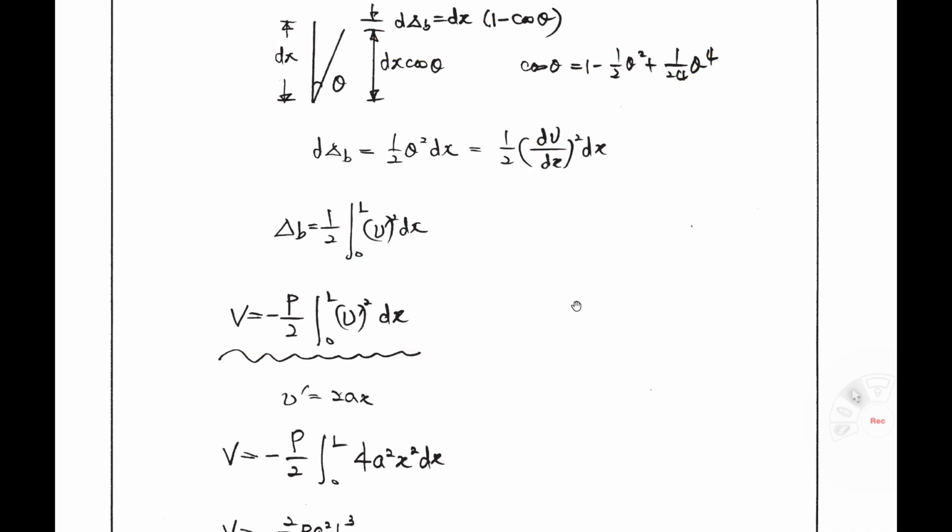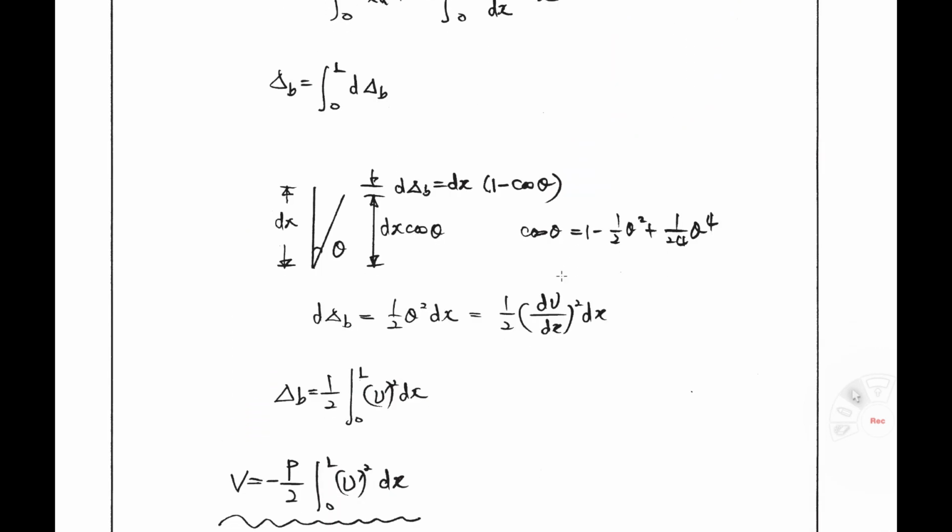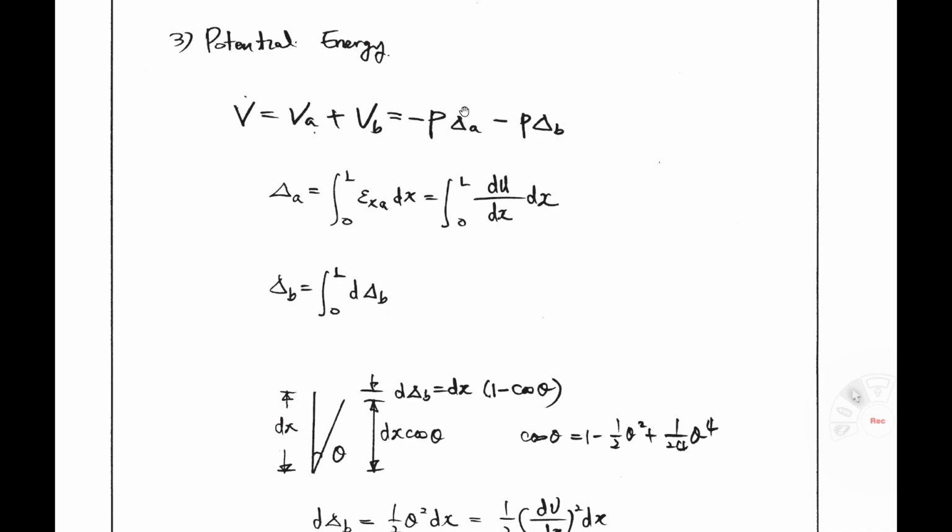That equation. When you calculate this potential energy, we ignore this axial shortening term. If you recall the calculation of strain energy just before, number 2, we also ignored strain energy due to axial shortening. Why? This potential energy, we also ignore potential energy due to axial shortening. So we use the same way between strain energy calculation and potential energy calculation because we are interested in the buckling behavior.